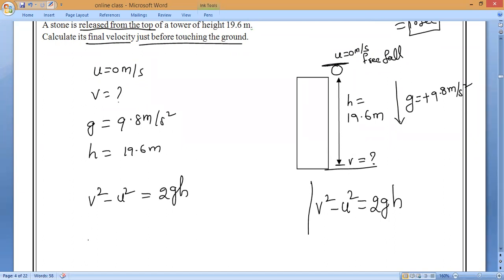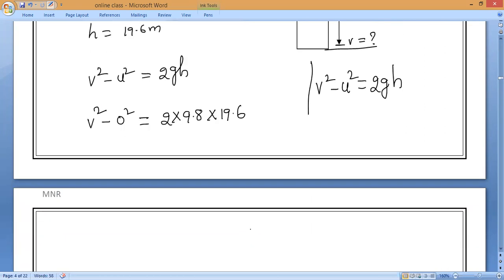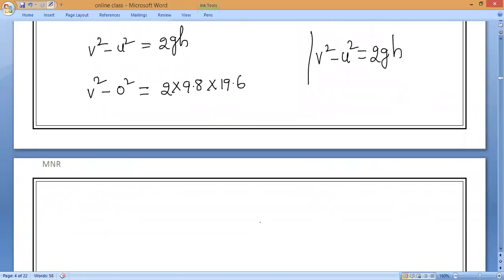Now, final velocity we want. So V square minus initial velocity 0 square is equal to 2 into 9.8, the G value, into H, which is 19.6. Is it right or wrong? Yes, everyone? So 0 square is 0 only.